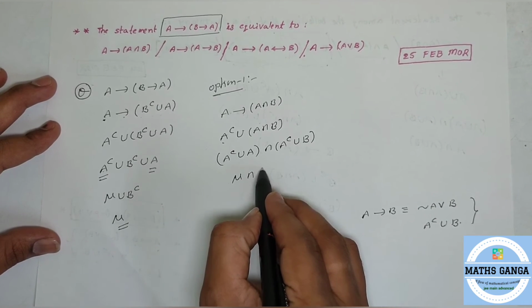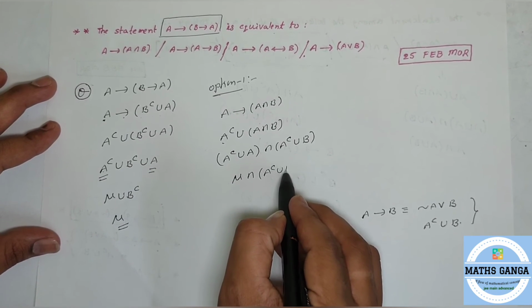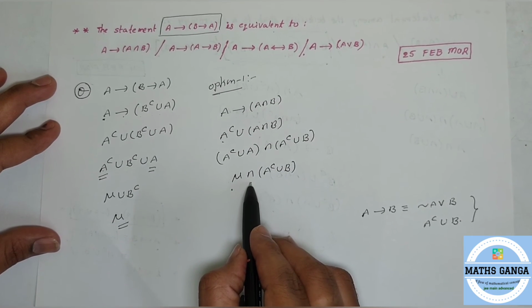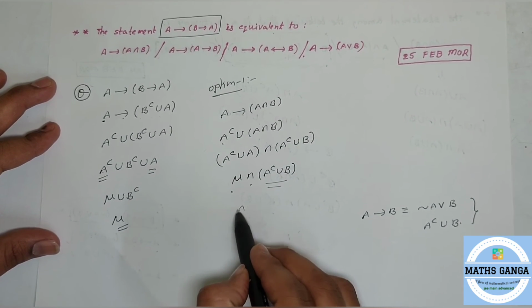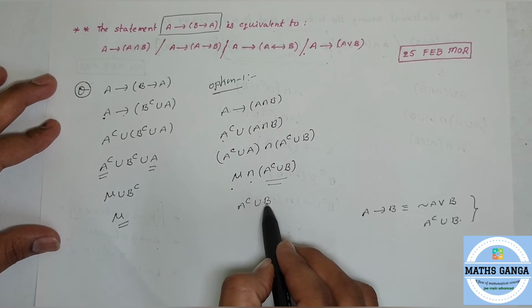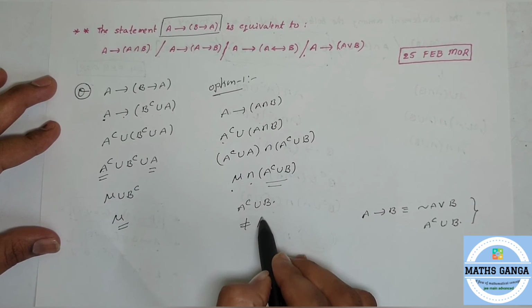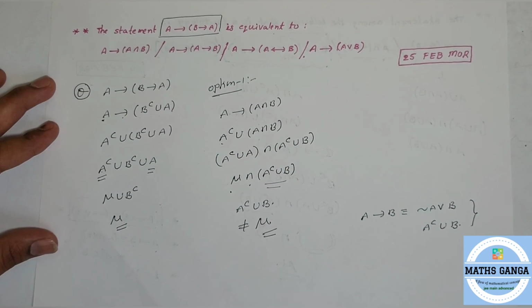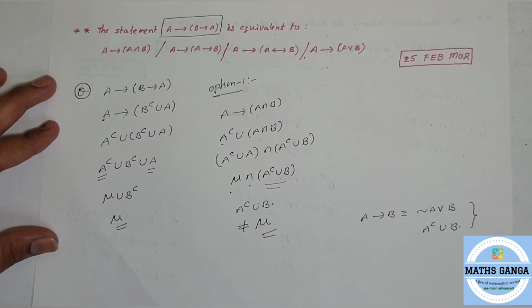Universal set. Intersection A complement union B. Universal set when intersected with any other thing is that other set, which is A complement union B, and this is not equal to the universal set. So the given question statement is not equivalent with option 1.